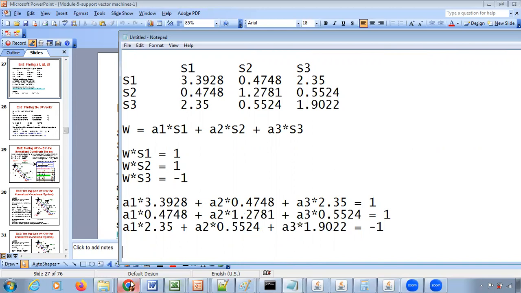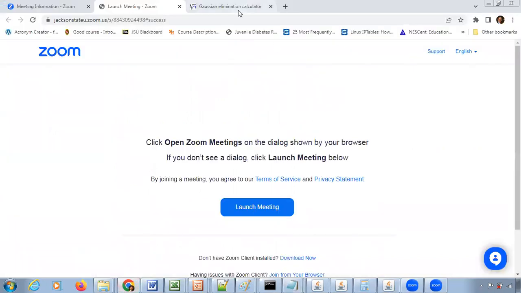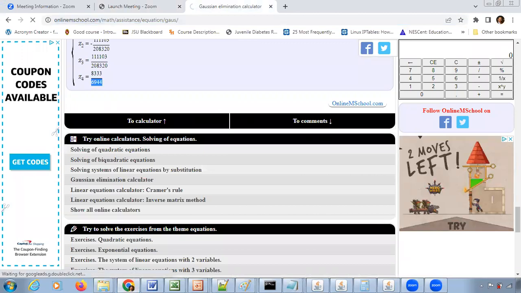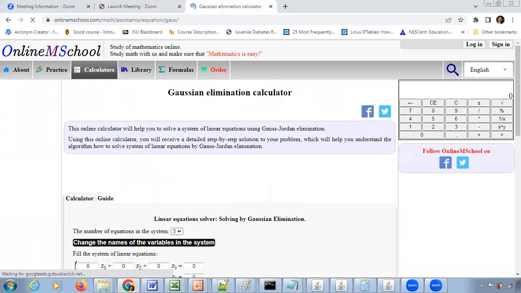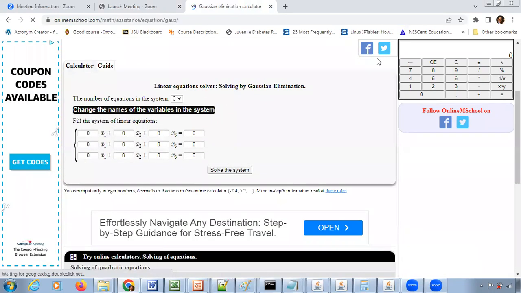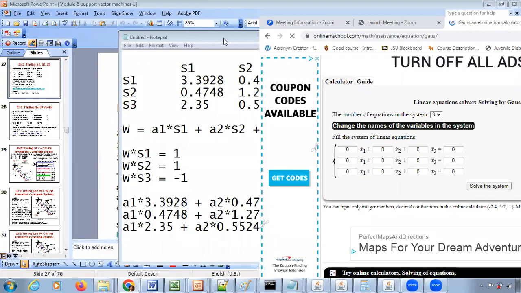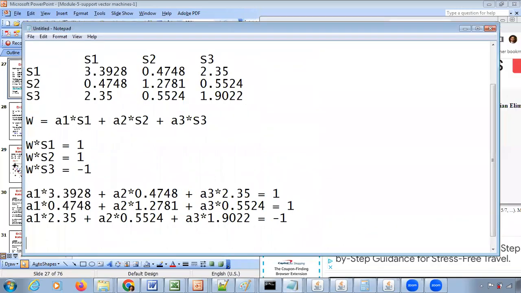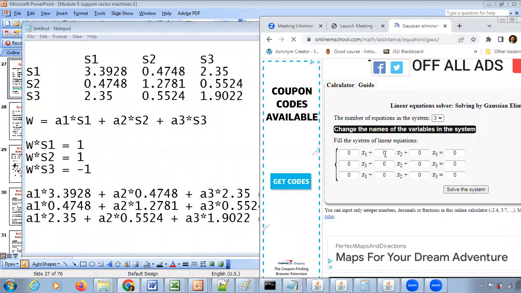We can use Gaussian elimination, the online calculator, which is here. If you have already used it for a previous example, just click on the URL again, it should reload. As I said, by default it will open up with 3 equations, and here we need only 3 equations. So we can just use what it shows and type those coefficients. We need to determine A1, A2, A3. Here they call them X1, X2, X3. That's fine.